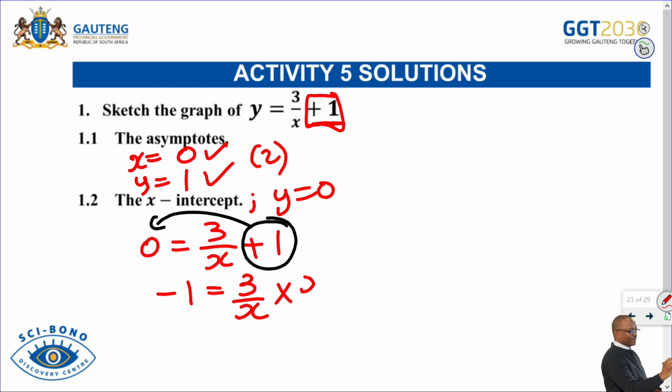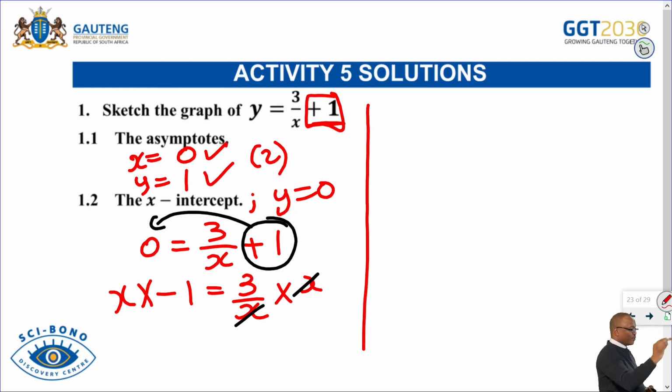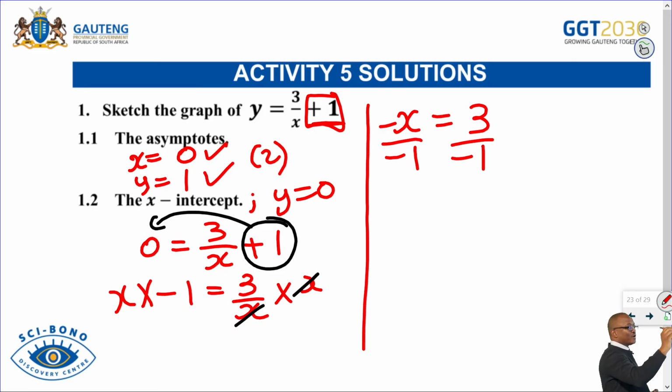So we can multiply both sides by x. Then we know that x will cancel x this side. So we are going to have negative x is equal to 3. So we divide both sides by negative 1. Remember, we divide by negative 1 so that we can get our positive x there.